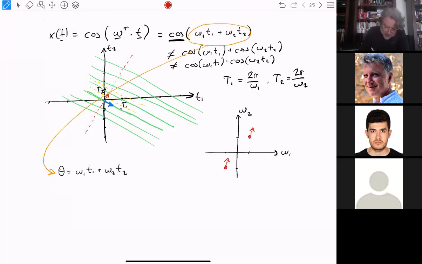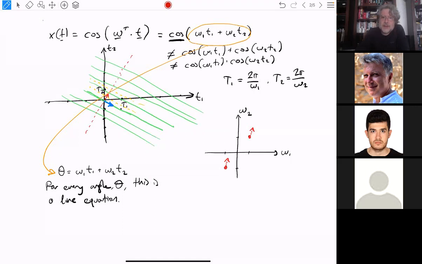So for every angle theta, this is a line equation. Meaning that since the angles will be in the form of a line on this surface, the corresponding cosine of that angle will also produce a line.